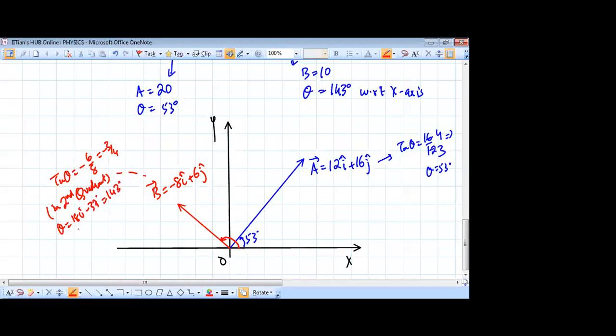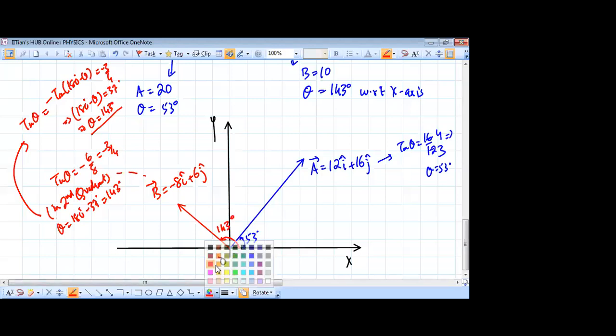Okay, because in second quadrant you know that tan theta is minus of tan 180 minus theta, that is -3 by 4. So you know that 180 minus theta is 37. So therefore theta is 143. So this angle is becoming 143.